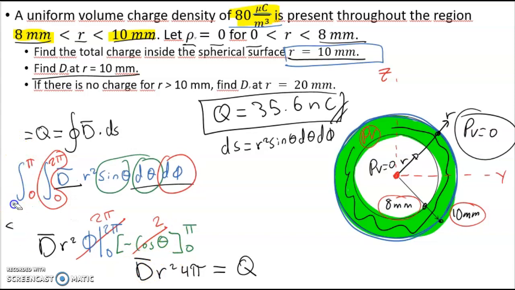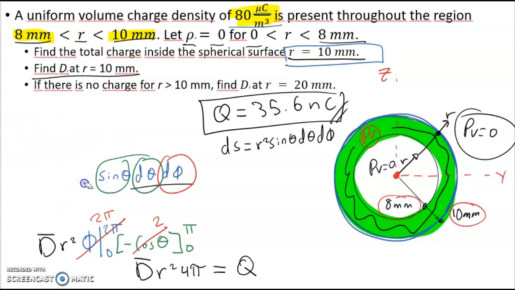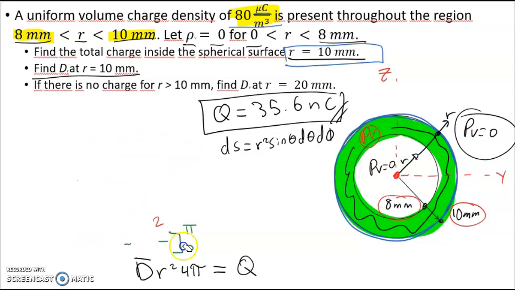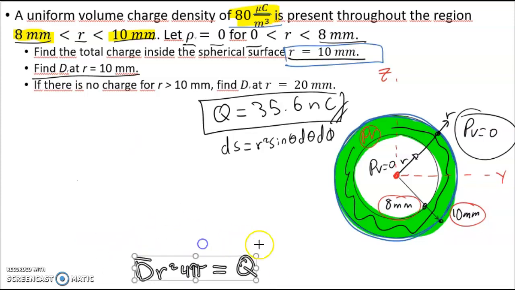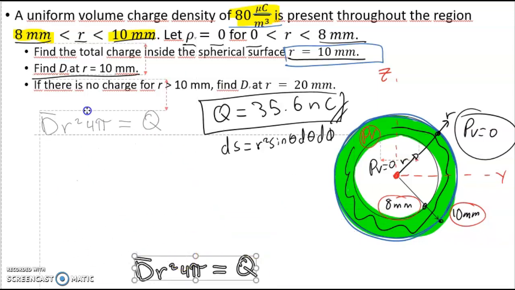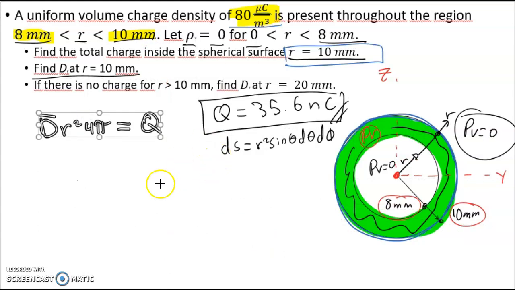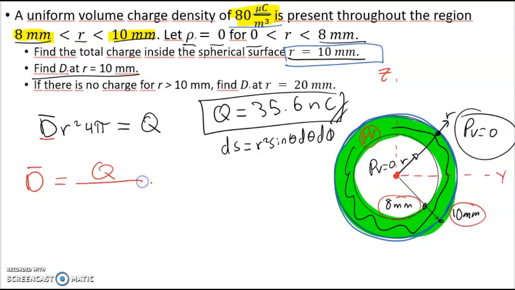Let's erase what we have in here. Erase this part. Let's solve for the value of D. Solving for D gives D equals charge over radius squared 4 pi.